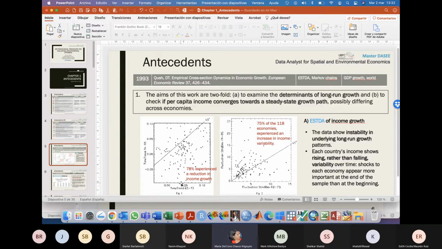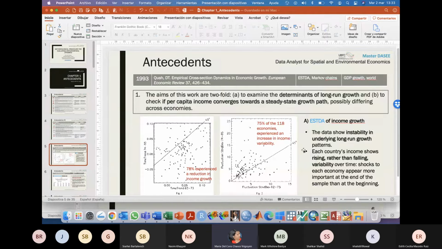Regarding variability, at the right-hand side of the slide, variability in per capita income growth rates, each country's income showed rising dispersion rather than falling over time. Additionally, these shocks to each economy appear more important at the end of the sample than at the beginning, which is very interesting.